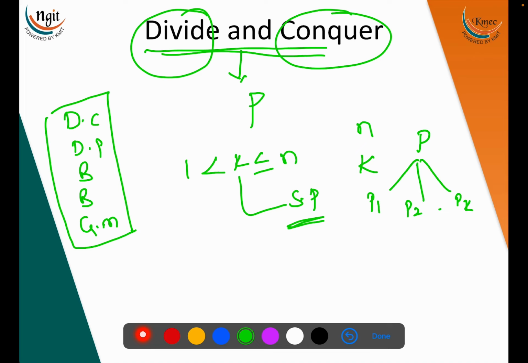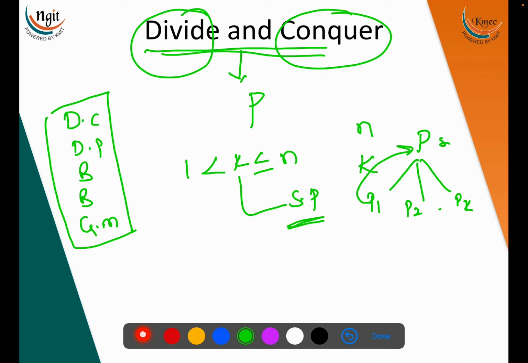Now, if the subproblems are still relatively large, then the divide and conquer strategy can possibly be reapplied, and these can also be divided into P11, P22, P33, something like this. Often the subproblems resulting from a divide and conquer design are of the same type as the original problem.